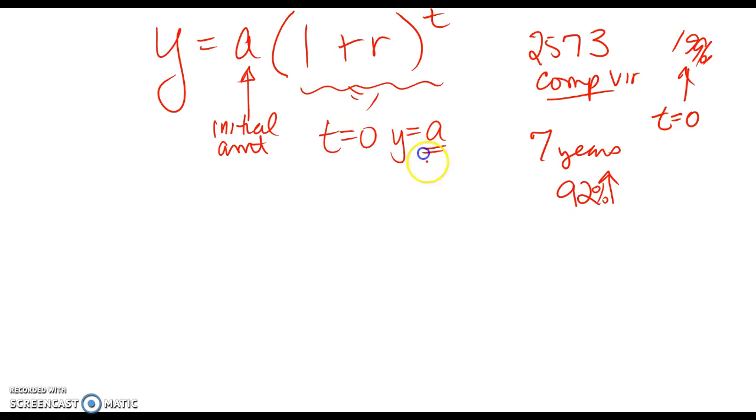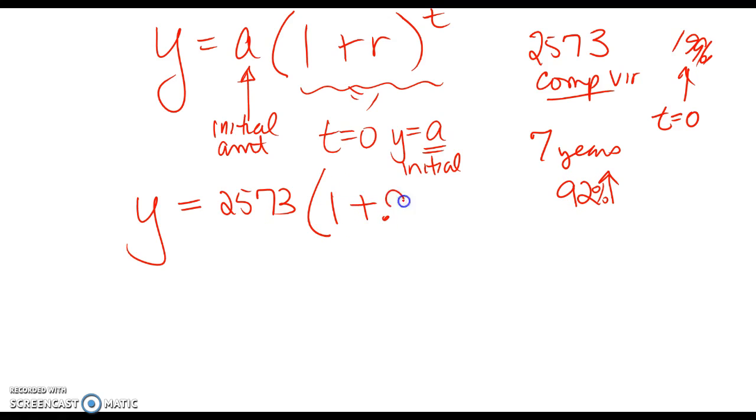So we call that the initial amount or concentration or whatever you're talking about. In this case, we talked about computer viruses. So we'll say y equals 2573 computer viruses. And it's growing at 92% a year. That's the r raised to the t.